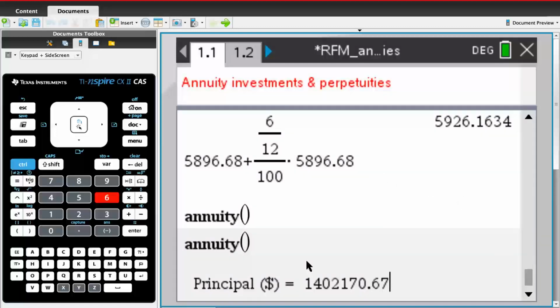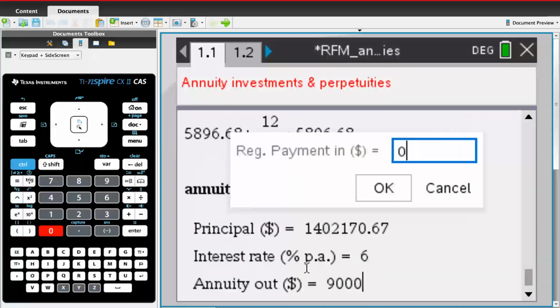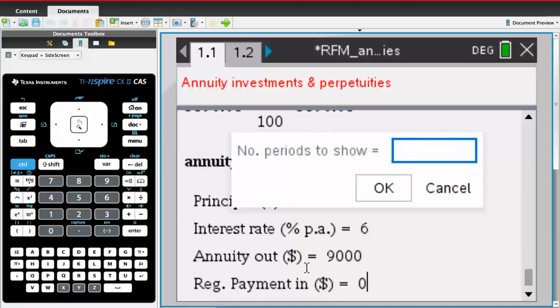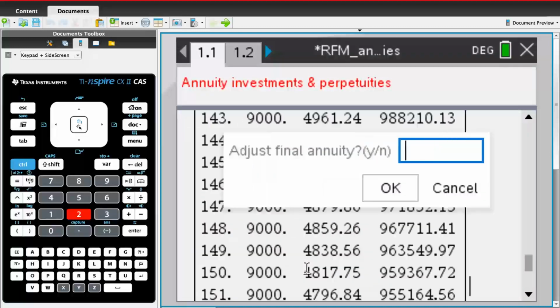The annuity out is 9,000. There's no payment in. And the number of periods to show, we're going to show not 302, but 303 payments. And there are 12 compounding and payment periods per year. And then you'll notice that in this particular case, it's saying, oh, I can nearly finish this. Do you want me to adjust the final one? And I'll just say yes.